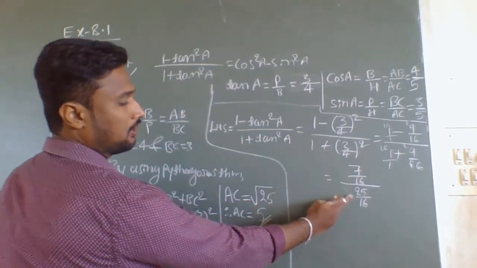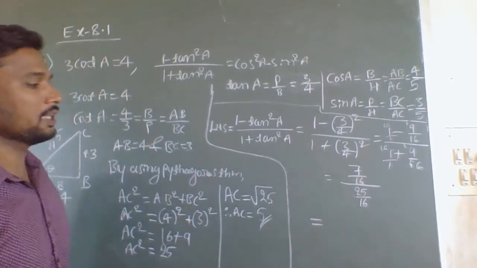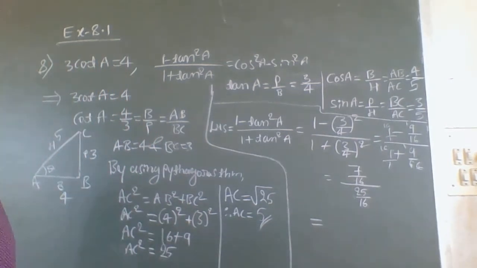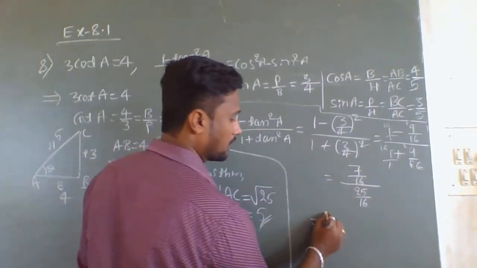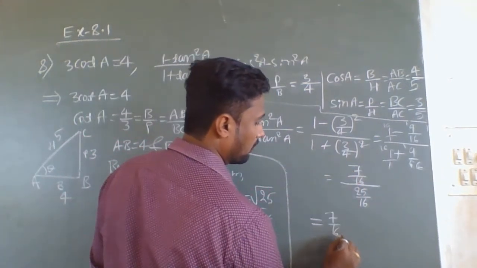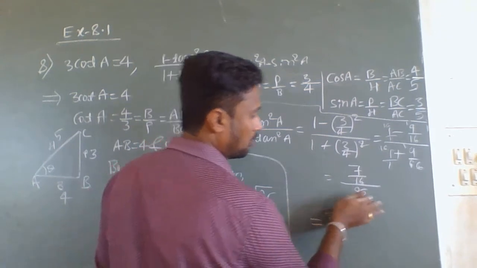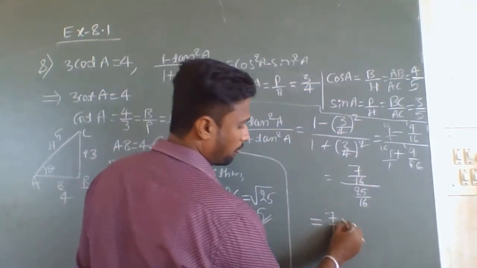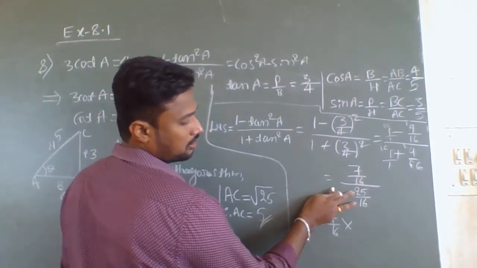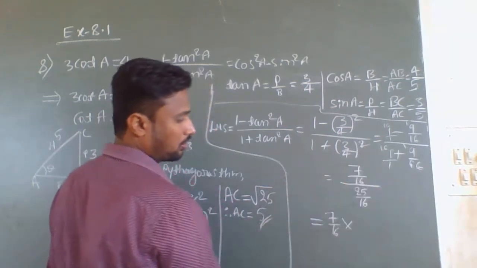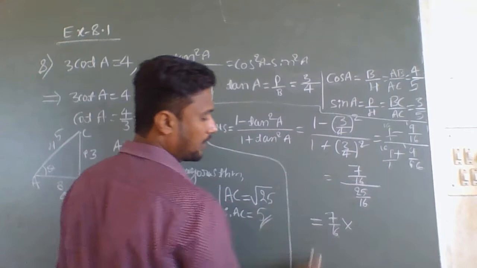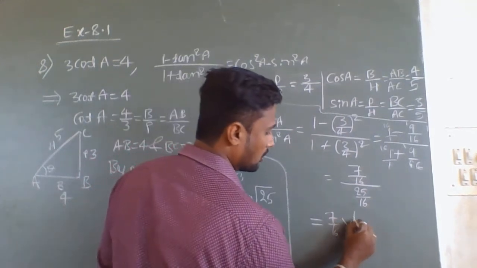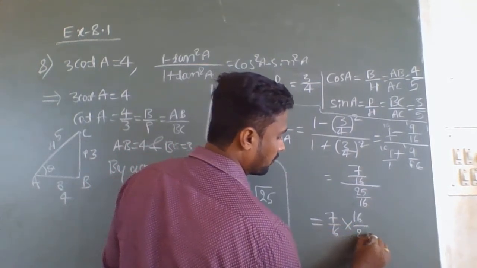So now here 7 by 16 divided by 25 by 16. First I will write 7 by 16, and now I will take this denominator to the upper side, so it becomes its reciprocal. So 25 by 16 becomes 16 by 25.